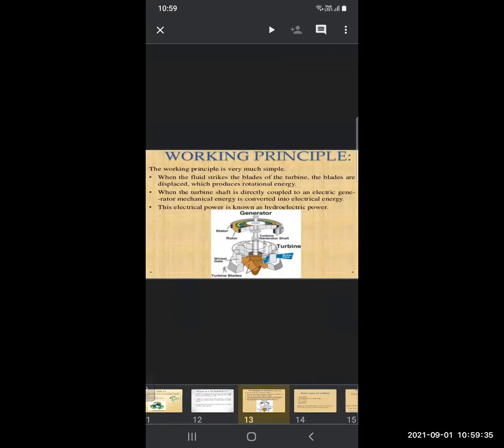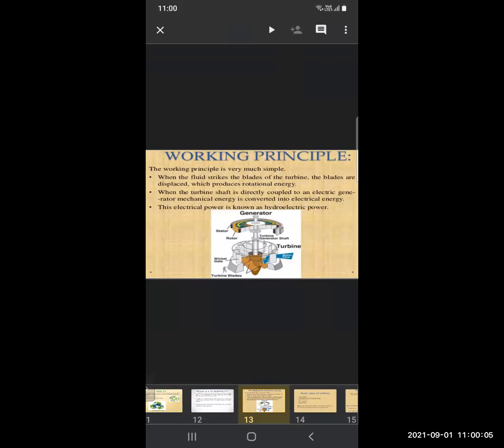The working principle is very simple. When the fluid strikes the blades of the turbine, the blades are displaced, which produces rotational energy. When the turbine shaft is directly coupled to an electrical generator, mechanical energy is converted into electrical energy. This electrical power is known as hydroelectric power.